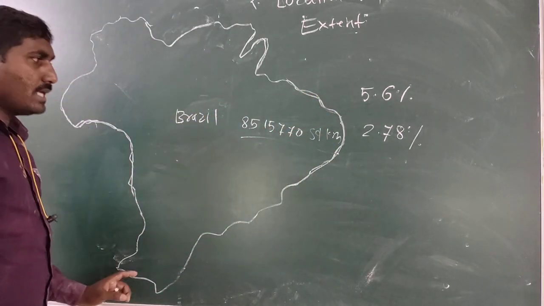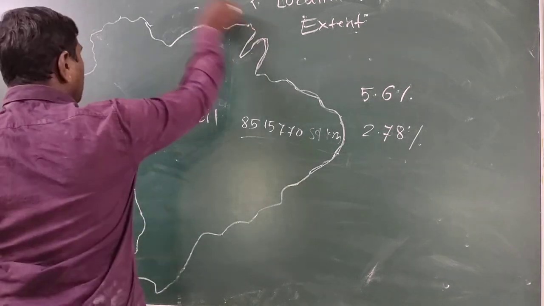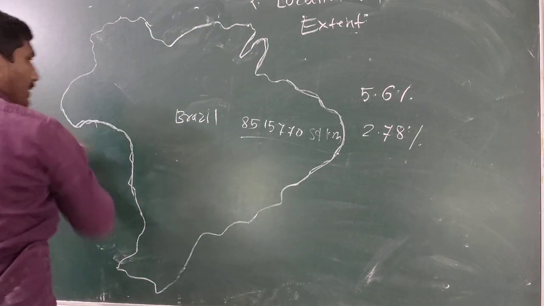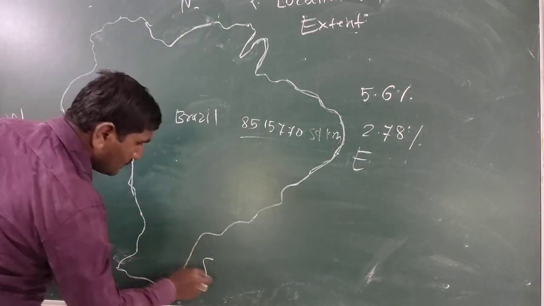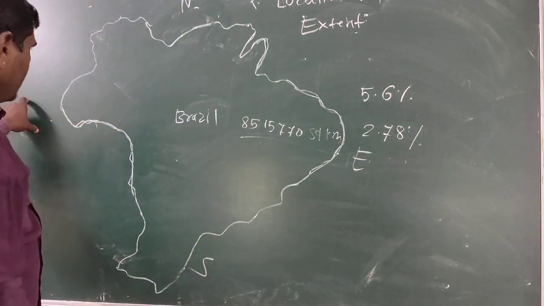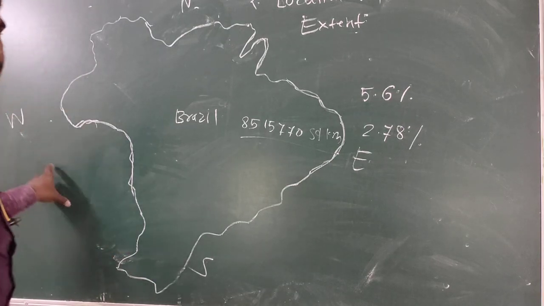Now we have to understand its borders. This is the western side, this is the eastern side, this is the northern side, and this is the southern side. The western side is completely occupied by border area.